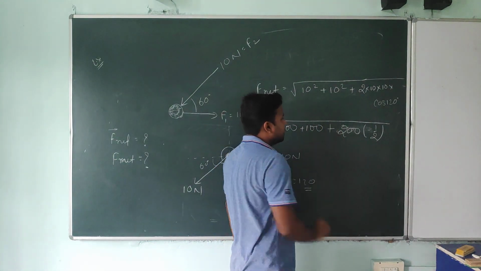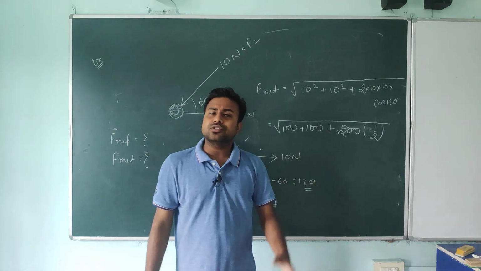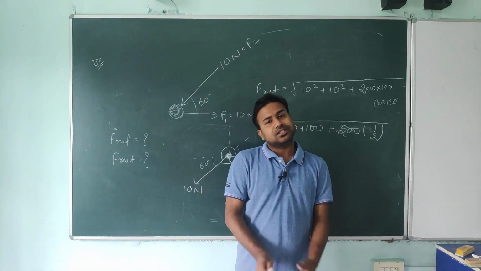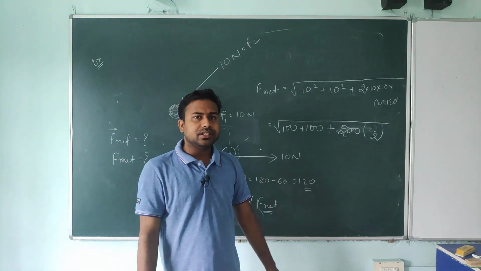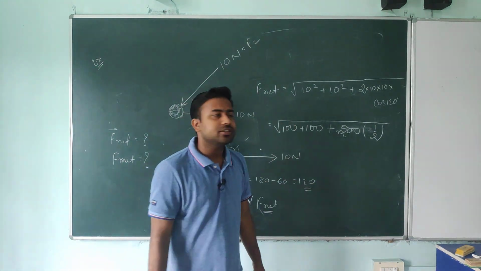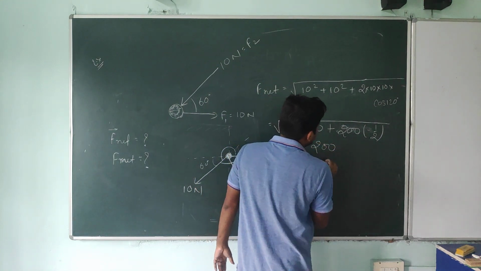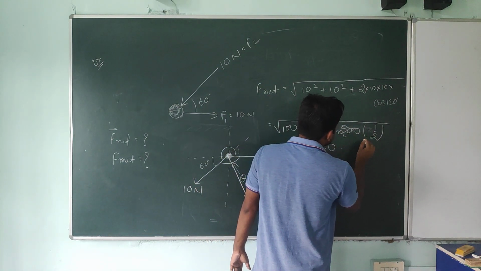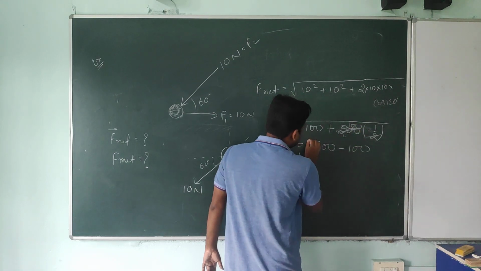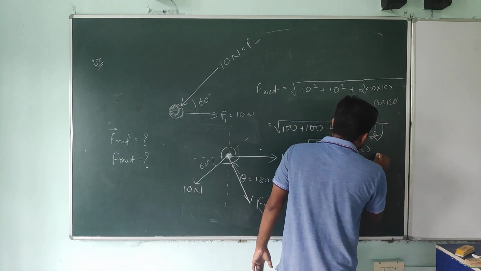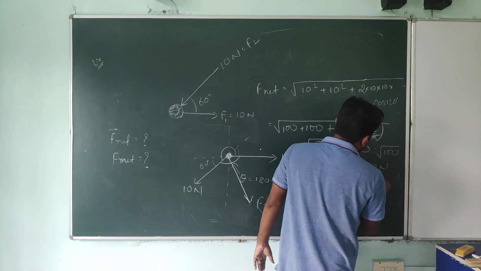If anybody has a problem with how I am writing minus 1 by 2, I suppose you all know cos of 90 plus theta, sin of 90 plus theta, these things. If you don't know, please revise the trigonometry part. Here you will get 200 minus 100, so 100 cancels with minus 100. What you are getting is root under 100, and this is 10 Newton.